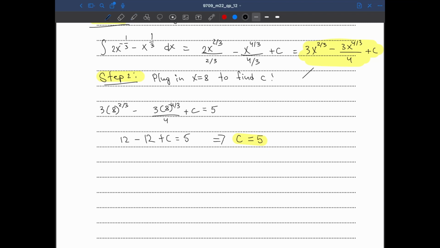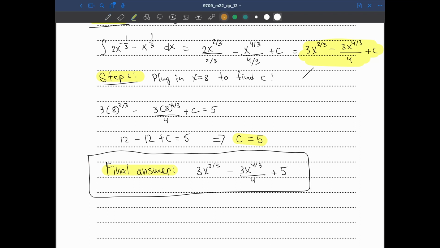Now, let's write our final answer. Our final answer is going to be 3x to the power 2 over 3 minus 3x to the power 4 over 3 over 4 plus 5. Let me just highlight it with another color so it's clear.